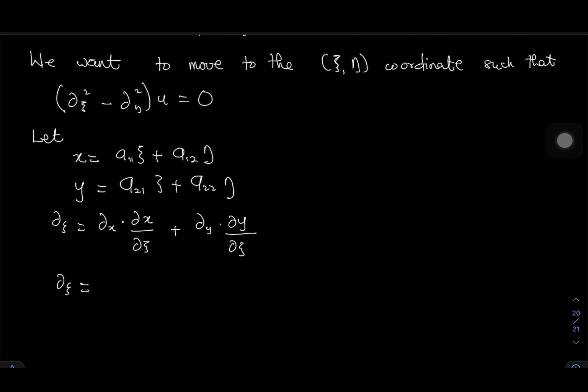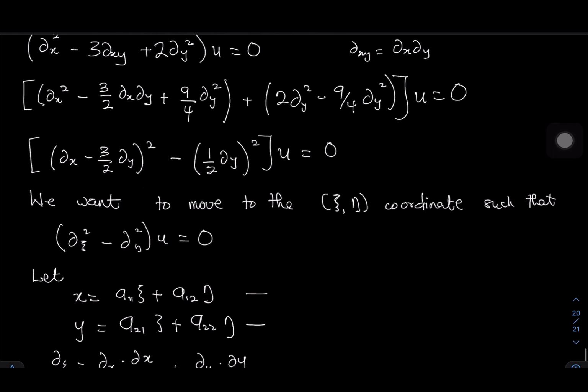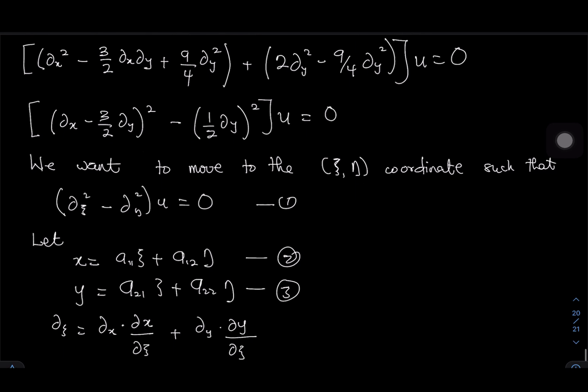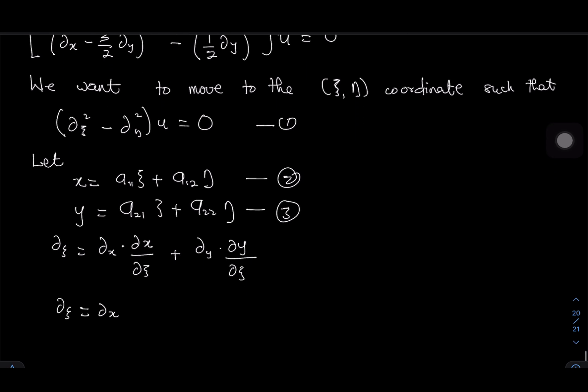We know that this is still going to be del u del x, fine, but what's going to be del x del xi? We know x, we know y, so let me call this equation 1, this equation 2, this equation 3. From equation 2, del x del xi is a11, right?